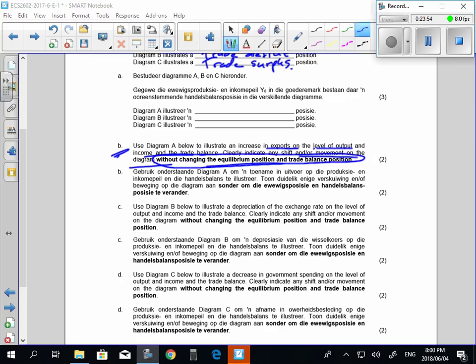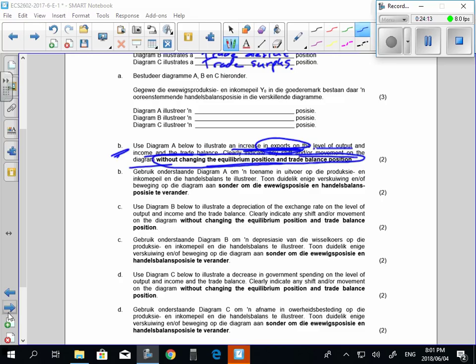Okay, so it always boils down to a change in local demand or change in foreign demand. Okay, change in local demand, we move along the curve. Right, so in this case, illustrate an increase in exports. Is that local demand or foreign demand? It's foreign demand for our goods and services.